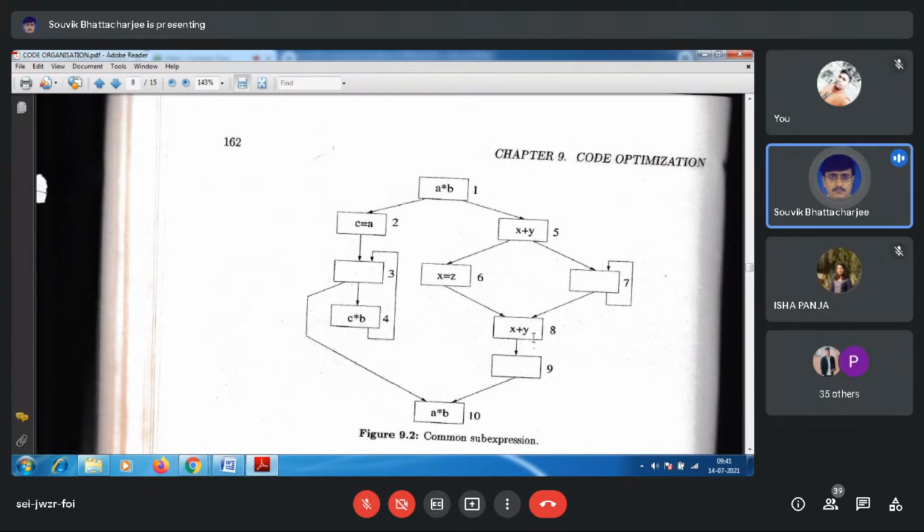Why that cannot be replaced? Why that cannot be replaced? কি বলছি বোঝা যাচ্ছে?